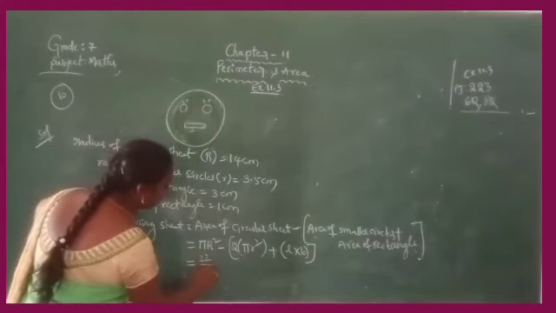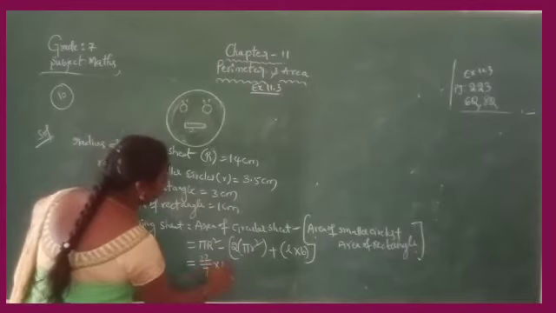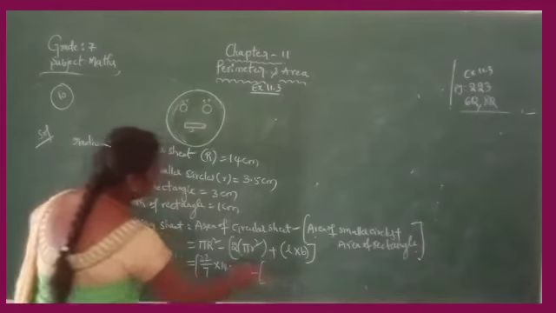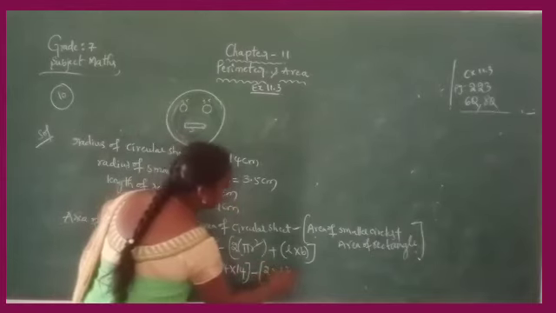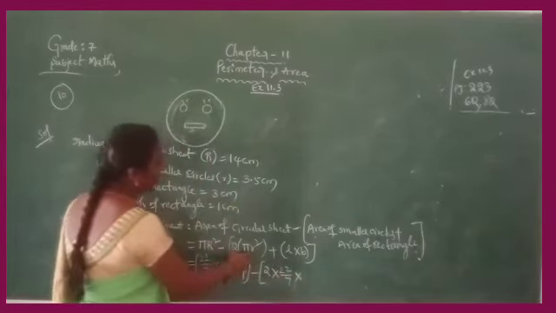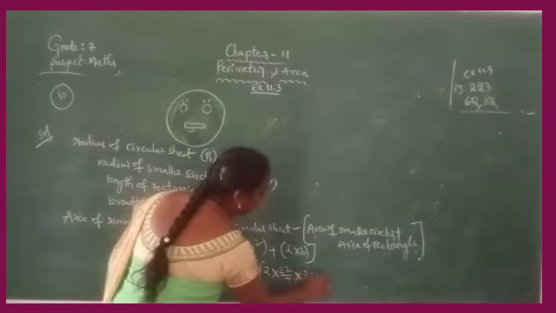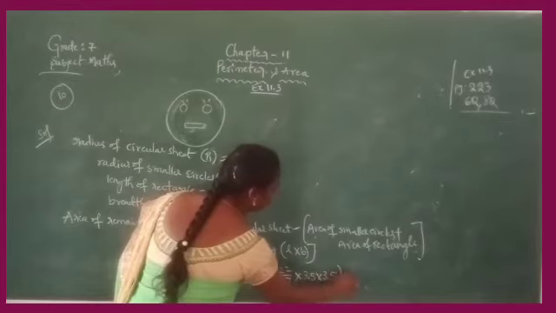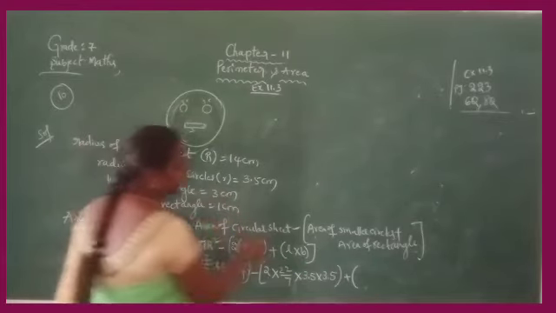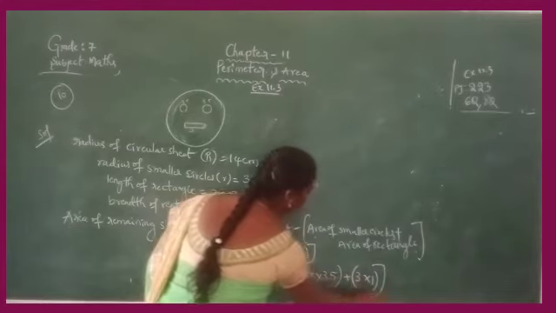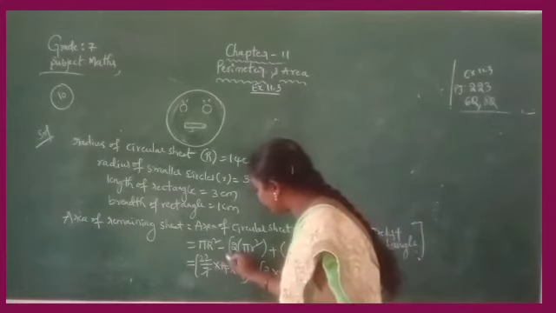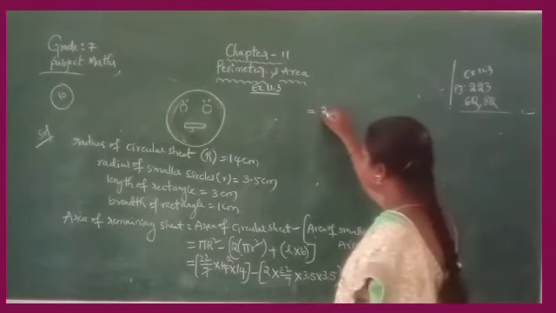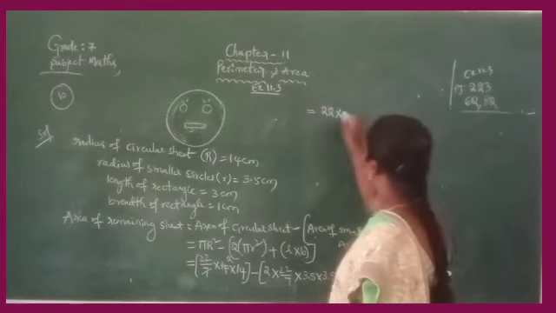Pi value here is 22 by 7 into radius 14 into 14. R square means we have to multiply 14 two times. Then minus 2 into pi r square, pi value is 22 by 7 into r smaller, 3.5 into 3.5, plus length into breadth, that is 3 into 1. Observe carefully here. 7 ones, 7 twos, you will get 22 into 14 into 2, 28.